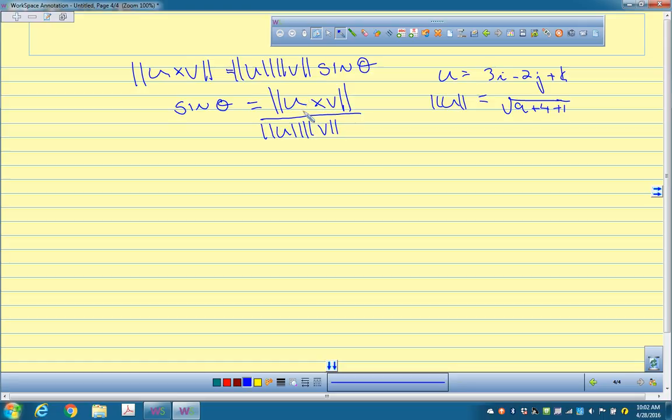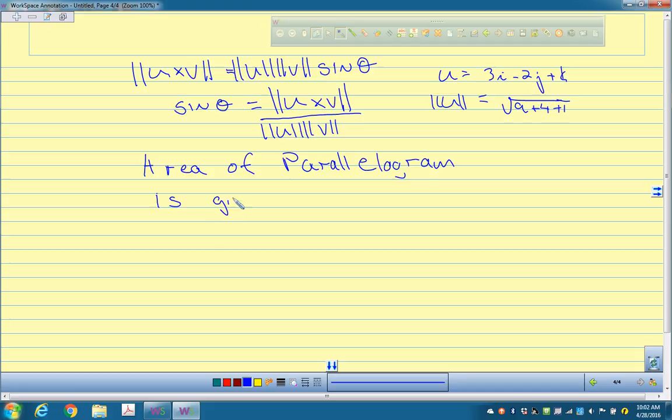All right. And the last thing is the area of a parallelogram. We're going to do one in a minute, okay? You're going to practice one. The area of a parallelogram with adjacent sides, that means next to each other, right?